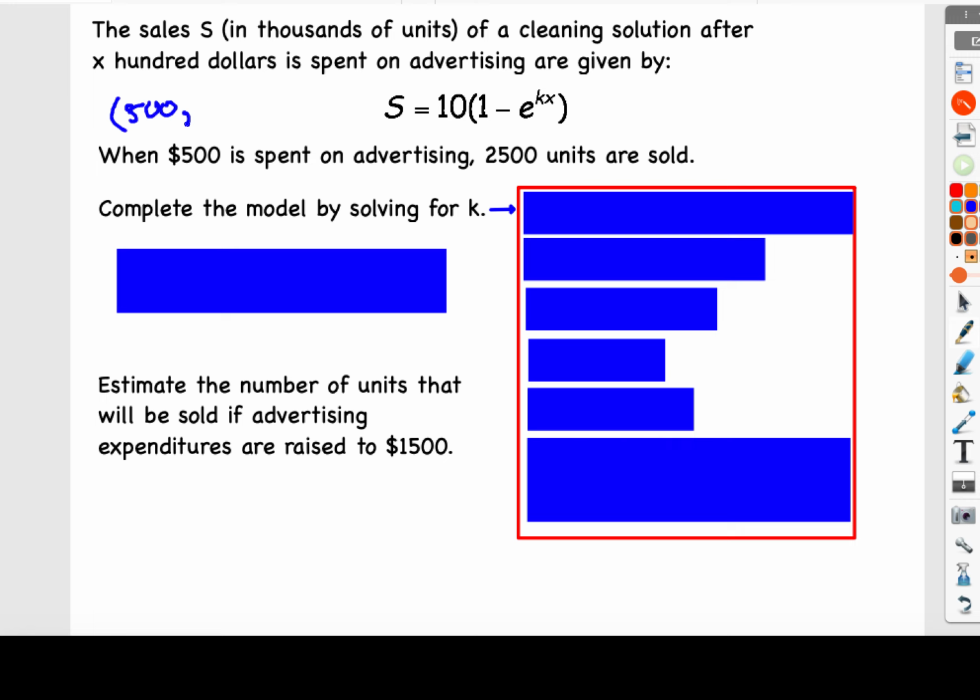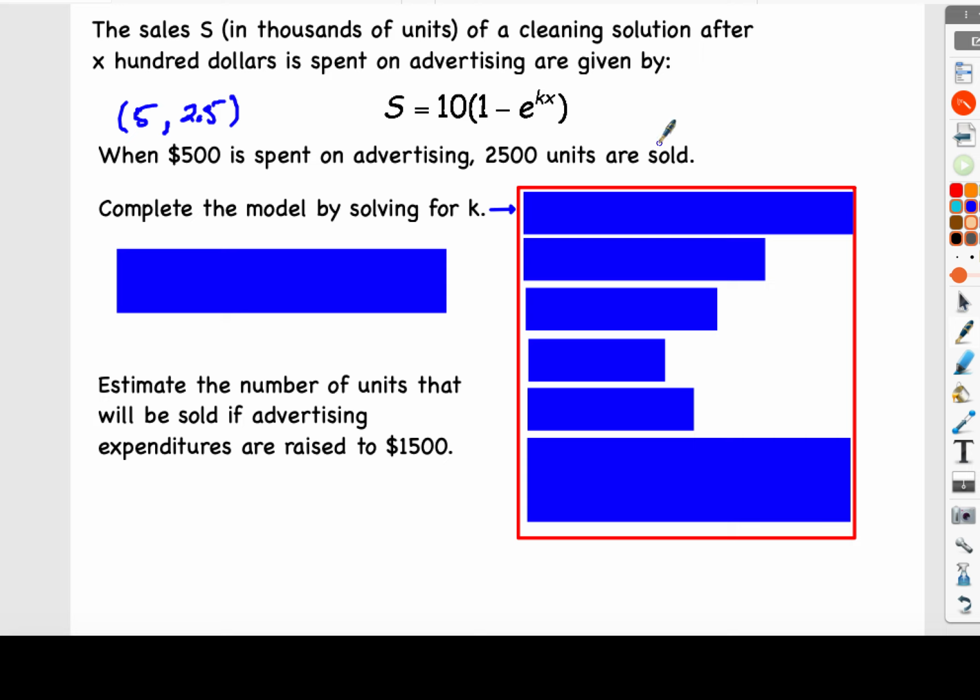Well, now S is in thousands though. So note that technically, I better convert this a little bit. We actually don't want to say 500. If X is in hundreds of dollars, then X is $500, and Y is in thousands, so that's really 2.5 thousand. We're going to move that decimal 3 spots, 2.5 thousand.